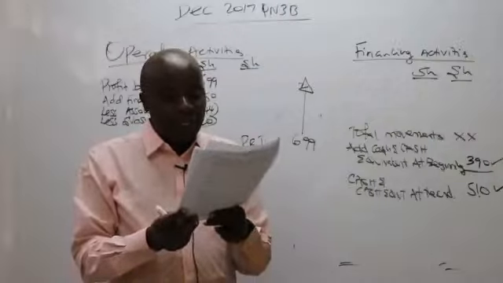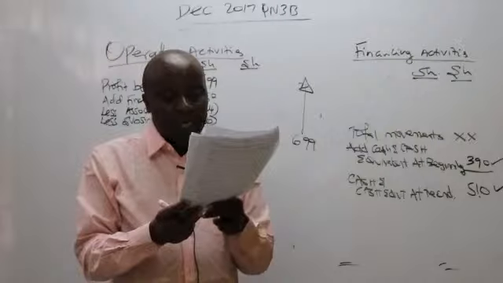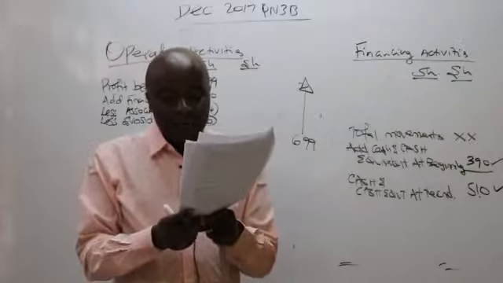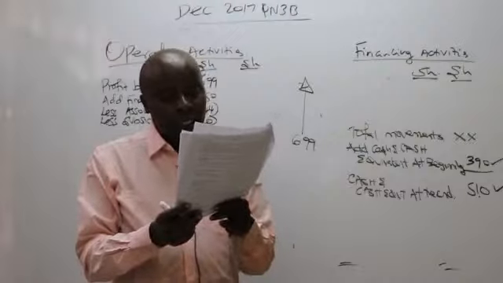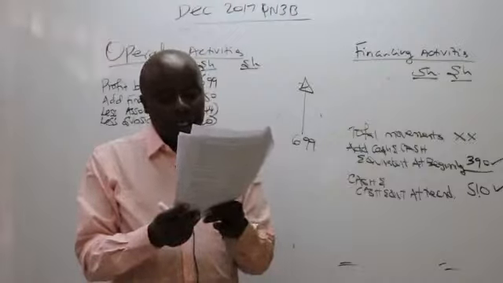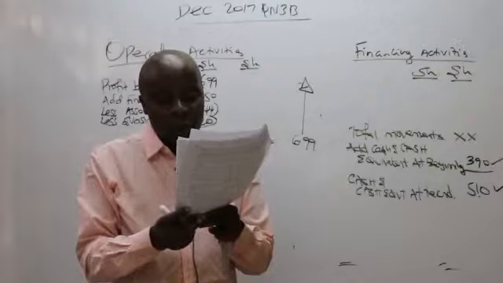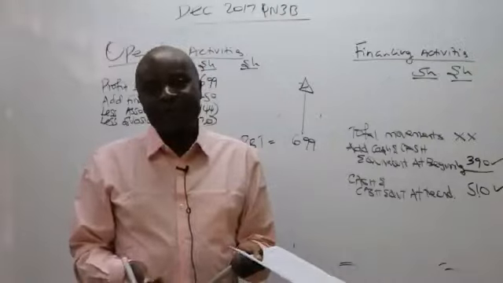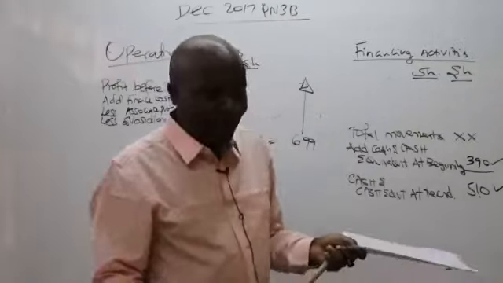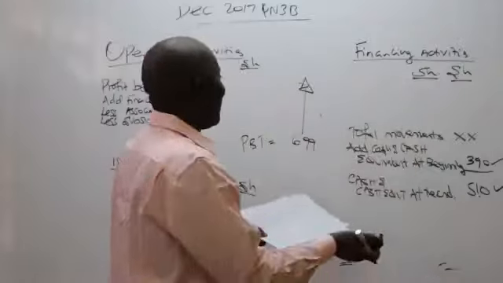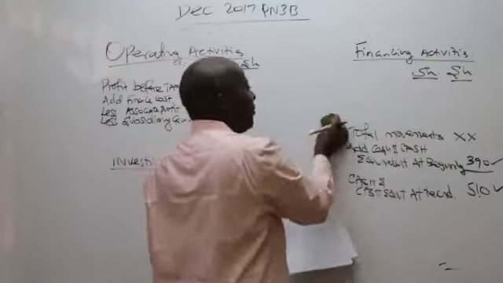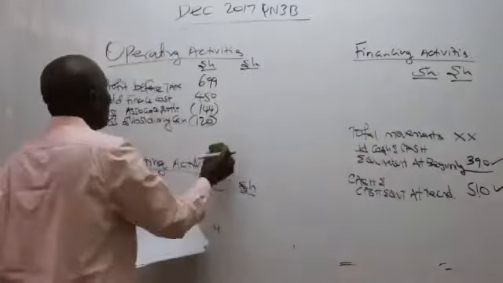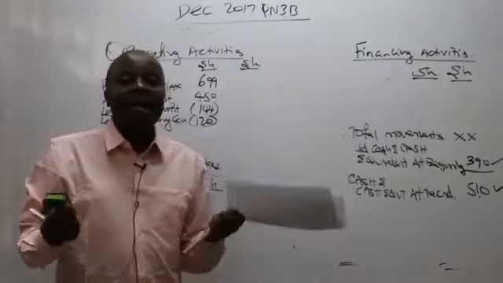An item of property with a carrying value of 885 million was disposed of during the year ended 31st October 2017 for shillings 750 million. The loss on disposal is part of the cost of sales. So, ladies and gentlemen, here I have depreciation, which, of course, we know is a non-cash item.